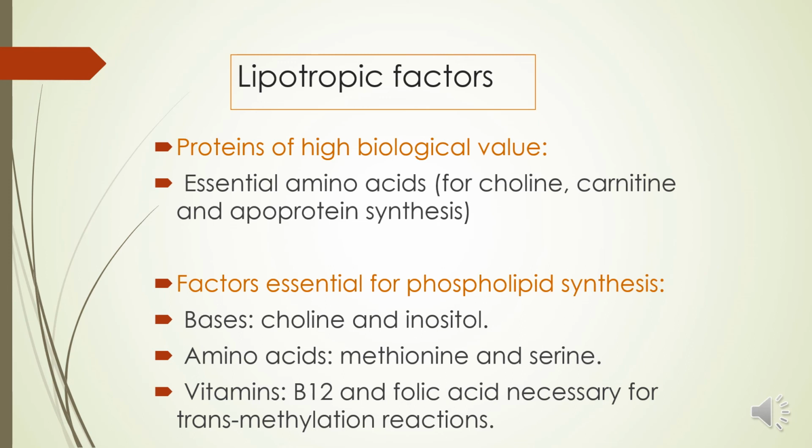These agents are in the form of choline and inositol. Some of these agents are provided by essential amino acids, and they are important for synthesis of choline, carnitine, and apoprotein synthesis. Also, essential amino acids such as methionine and serine, and vitamin B12 and folic acid, are important for the transmethylation reactions.